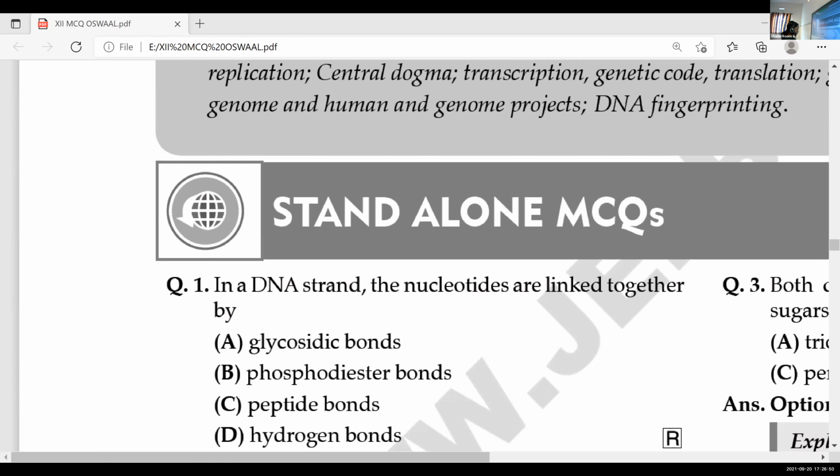You have learned about different bonds: glycosidic, phosphodiester, peptide, hydrogen. You should know where these bonds are present. So in a DNA strand, how are the nucleotides linked together? Is it by glycosidic bond, phosphodiester bond, peptide bond, or hydrogen bond?